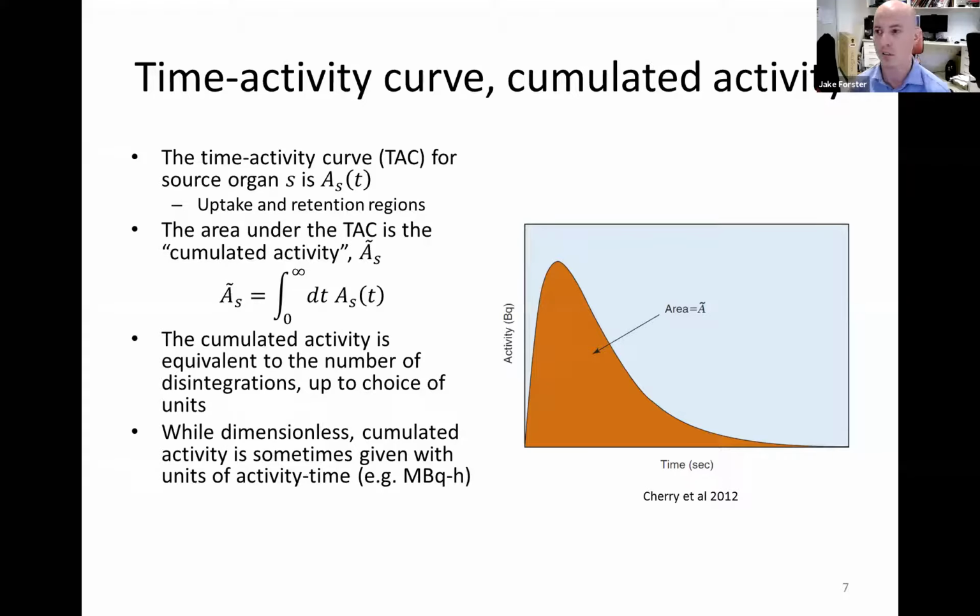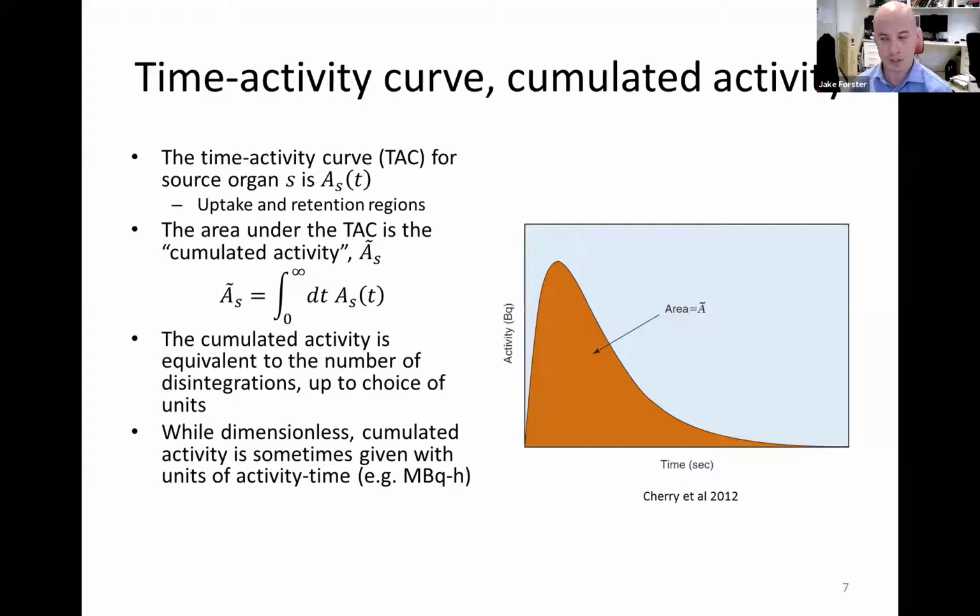In general, this time activity curve has an uptake region where the activity is increasing in the organ, and it's got a retention region where the activity then decreases in the organ. Since activity is decays per second, or decays per unit time in general, if we then integrate the activity over time, what we get is the number of decays.